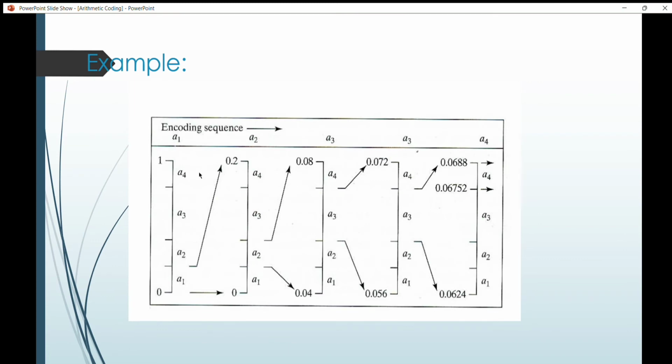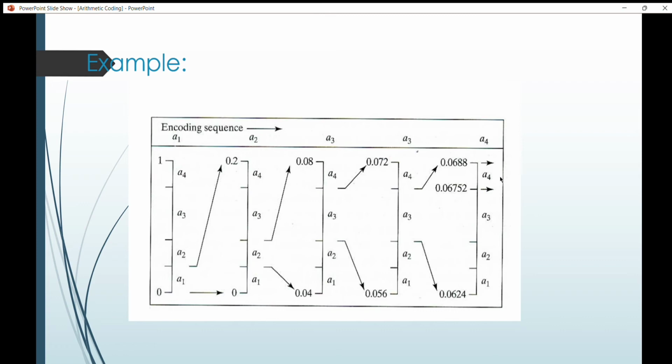Now coming to the procedure, firstly we divide 0 to 1 as per the subintervals given in the probability table. As the first symbol is A1, the region corresponding to A1, that is 0 to 0.2, is expanded as a whole, and this region is divided in the same ratios as we divide 0 to 1. And as the second symbol is A2, we expand the region 0.04 to 0.08 as a whole and divide it as per the ratios, and this process continues till we reach the last symbol.